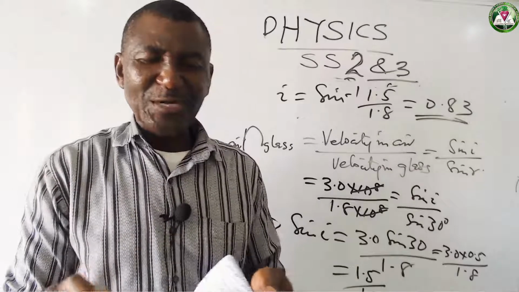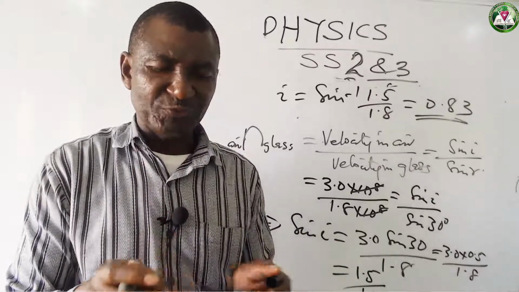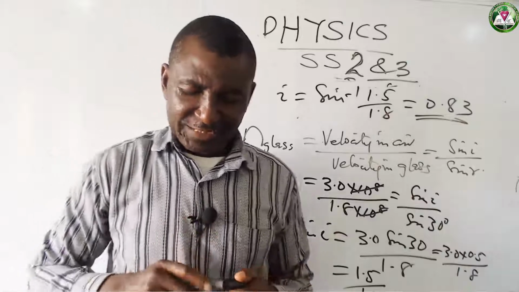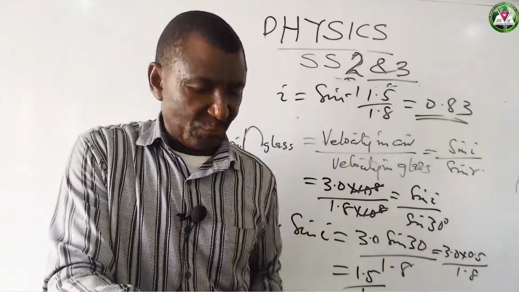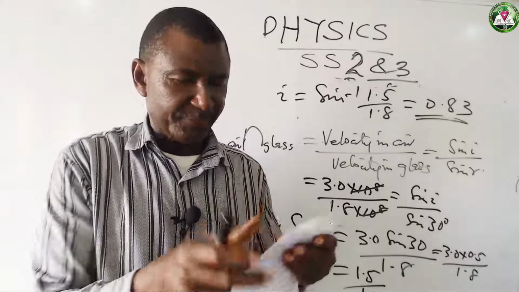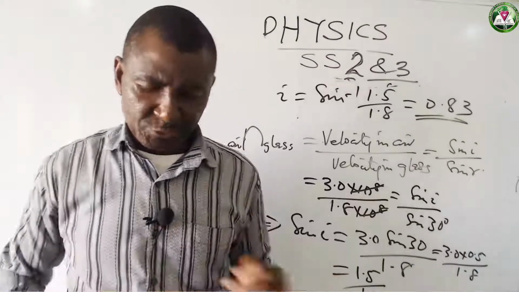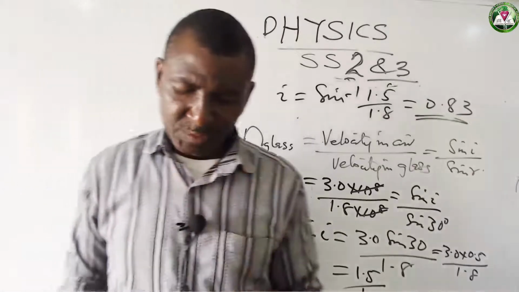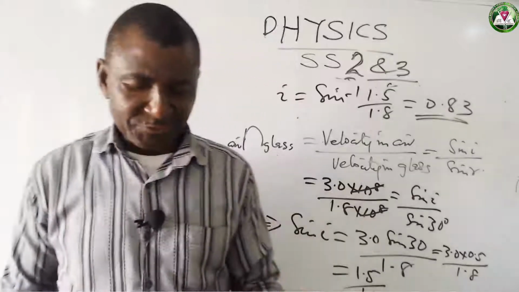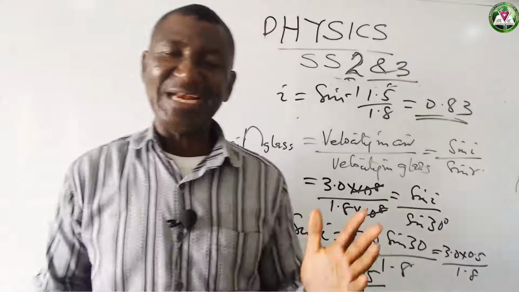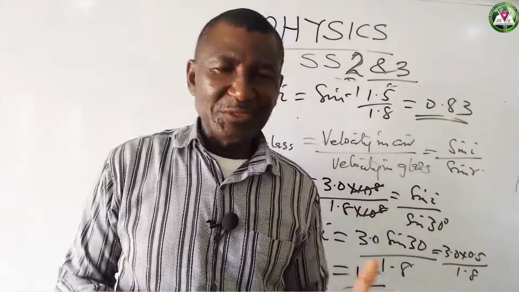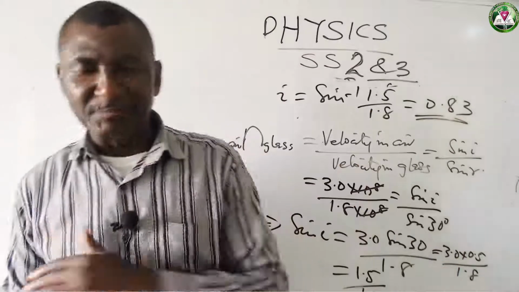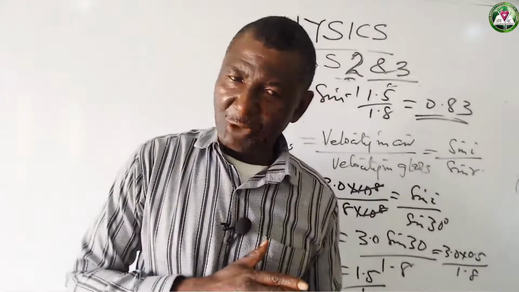Alright? So let's just go through what we've just done so that it will now stick into our brain. Let's see what we have just done today. So in summary, we said that when light travels from an optically less dense medium to an optically denser medium, the light will bend towards the normal.